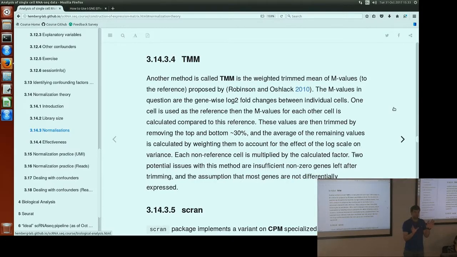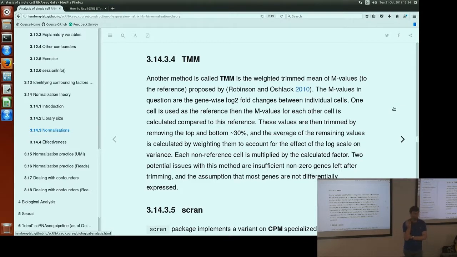So we take a pair of cells, and compare the expression values across genes, and that ratio of the value in cell 1 versus cell 2, we can define as a fold change, and putting that on the log2 scale gives these M values. And the idea is that in appropriately normalized data, on average, the genes should not show any differential expression between cells. So this is making the assumption that most genes should not be differentially expressed between cells, which is a common assumption throughout many approaches in RNA-seq.